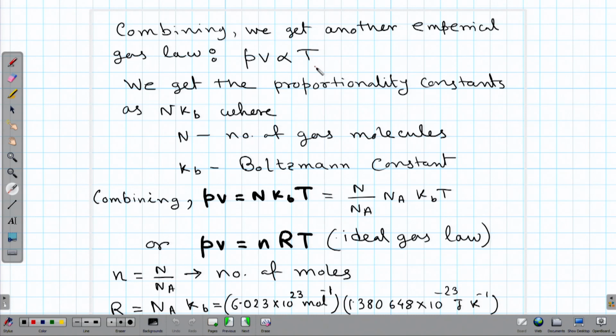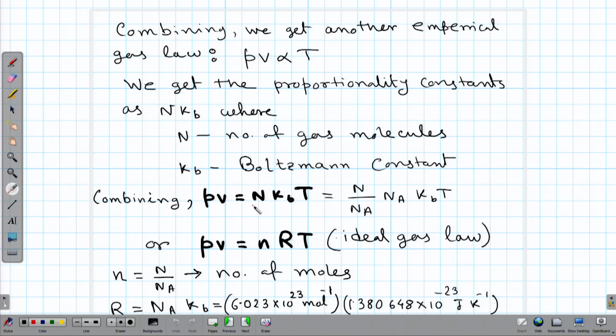The proportionality constant, once again measured experimentally, is N kB, where N is the number of gas molecules and kB is the Boltzmann constant. So we can write PV equal to N kB T.